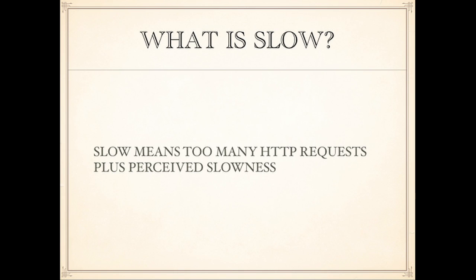Our job in a continuous delivery environment is to handle those HTTP requests where we can. And it's not all on the performance side, and it's not necessarily on the design image asset side. So I'm going to just give you my top 10 list of things to think about. These are things that I've collected over the years, and they are on the different sides of perceived performance plus the speed.